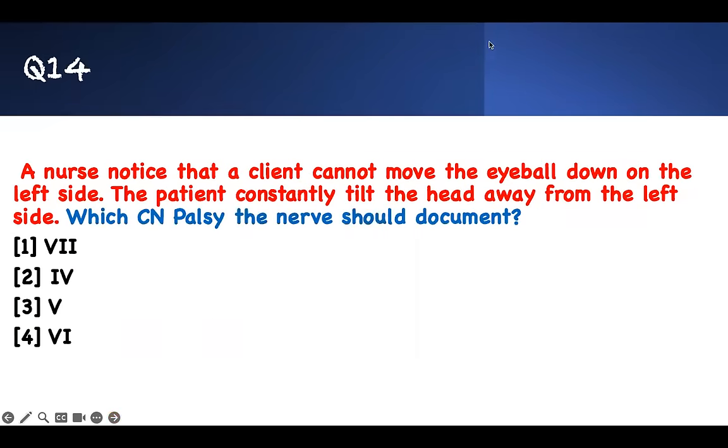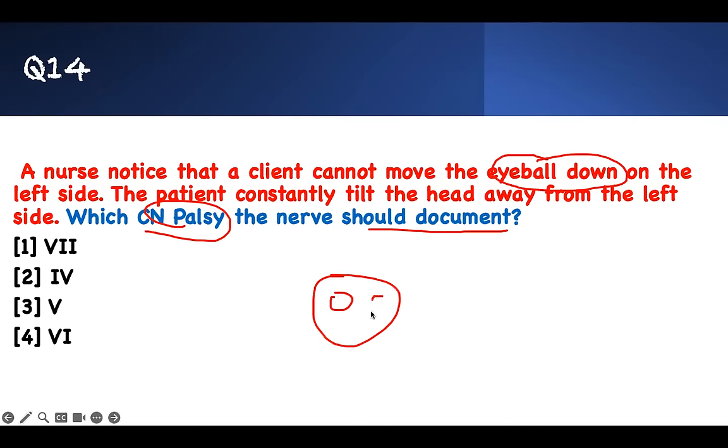And finally, last question. Which cranial nerve palsy should the nurse document? Next, notice that a client cannot move the eyeball down on the left side. So if this is the face and this is your left, they cannot move it down here.